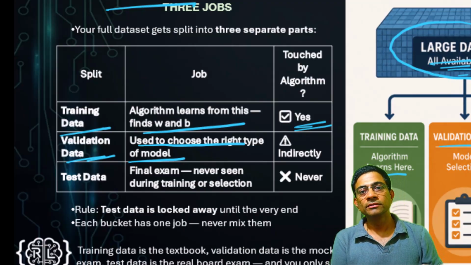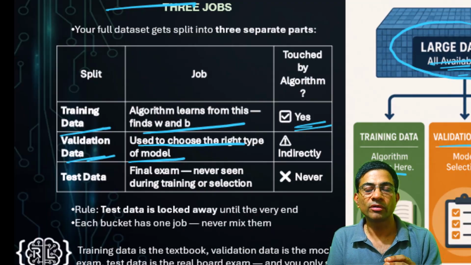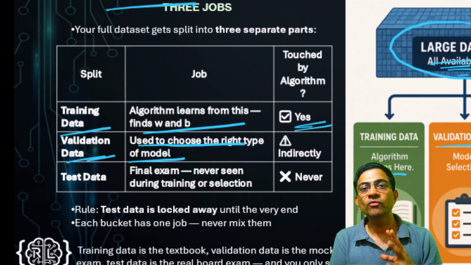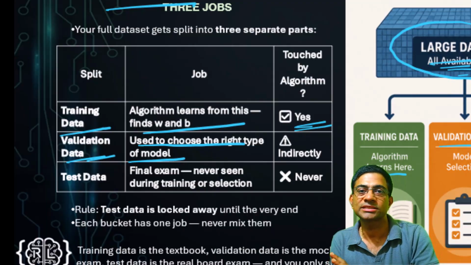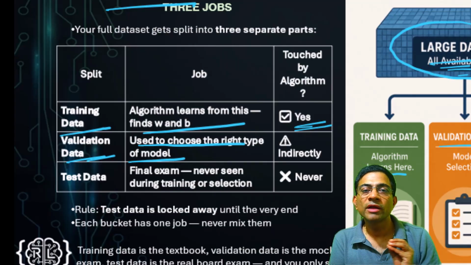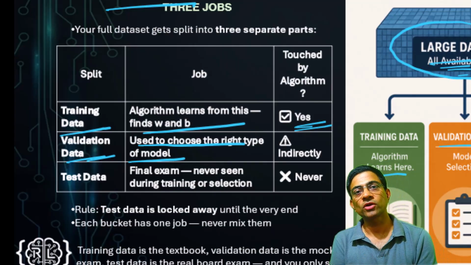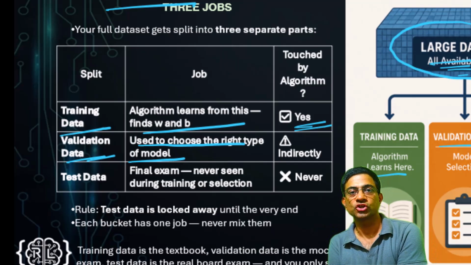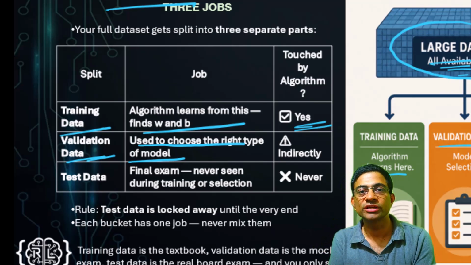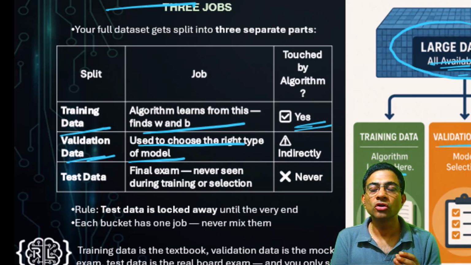But the type of model, for example, we want to look at only the price feature, or only the area feature, or only the price plus the distance feature. This selection is done on the validation data.